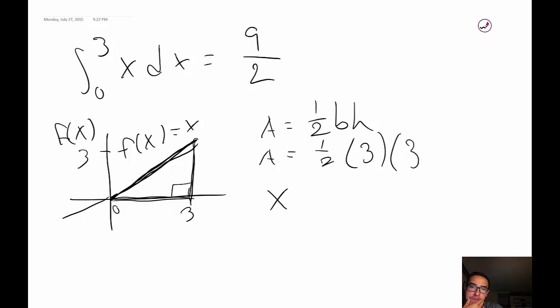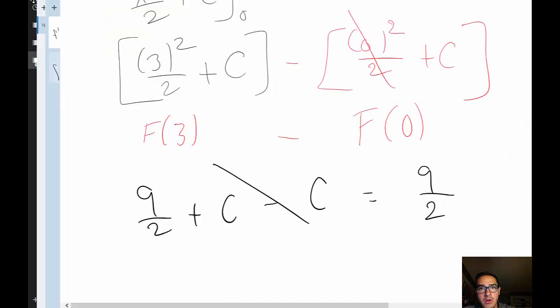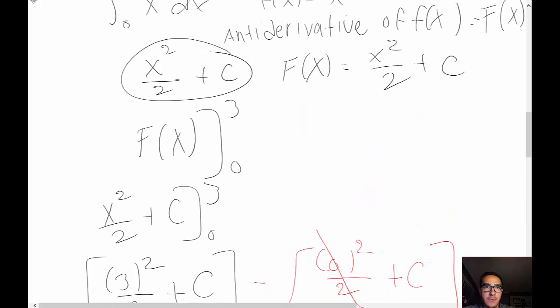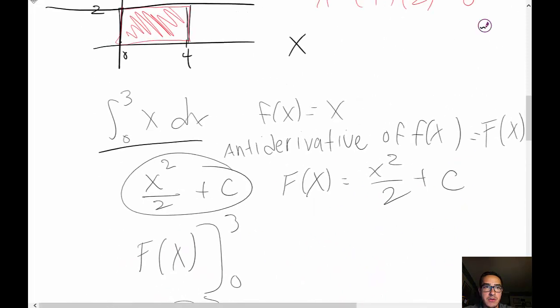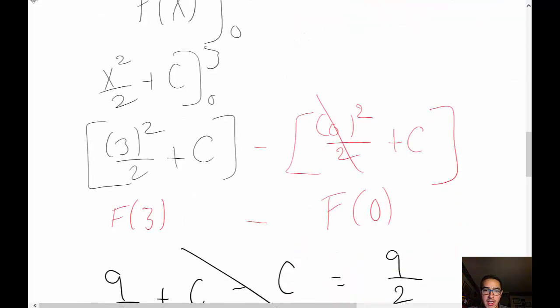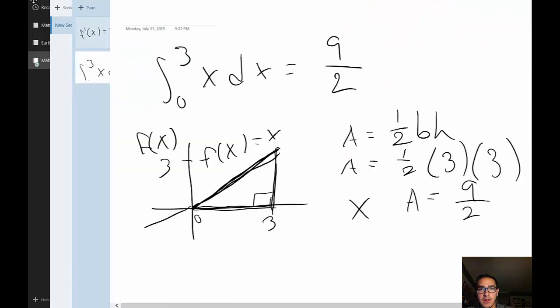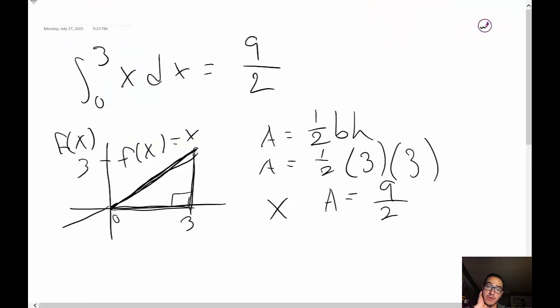So the height is 3, and we end up getting an area of 9 over 2. Well, that's exactly what we did in this example. We took the integral from 0 to 3 of x dx, and we found that it was 9 over 2, which is exactly the area under the right triangle from 0 to 3.